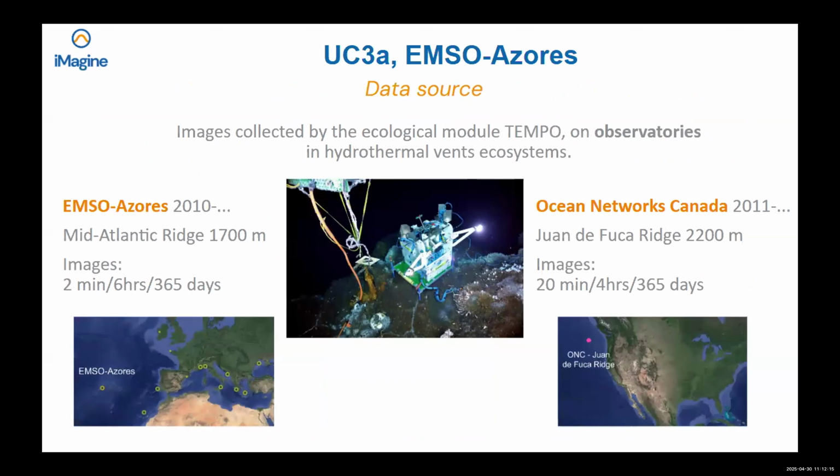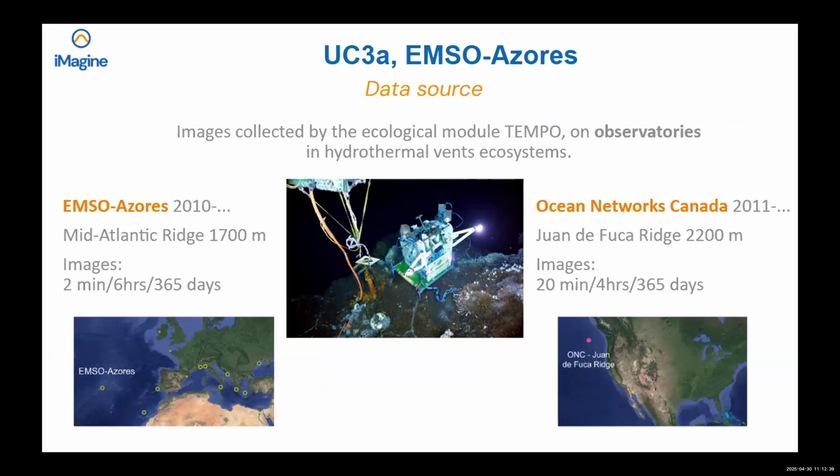For our use case on EMSO-Azores, we use data from the ecological module Tempo. That's a module installed on the 2 observatories, one on the mid-Atlantic ridge and the other one in the Pacific.